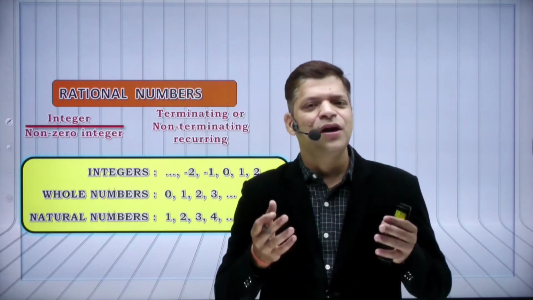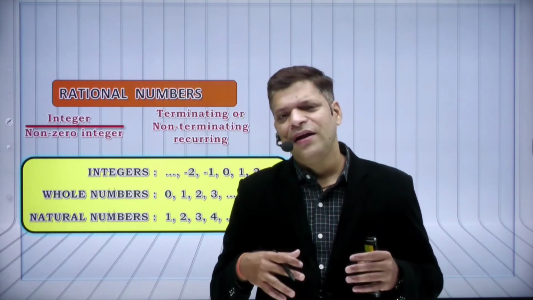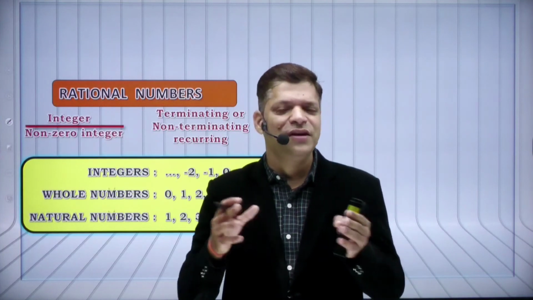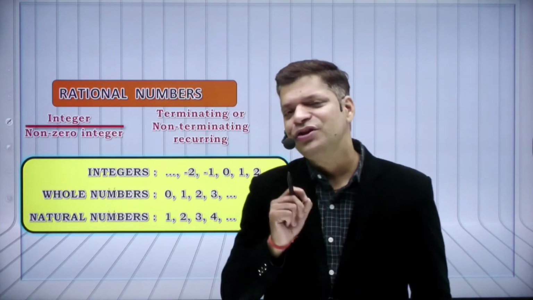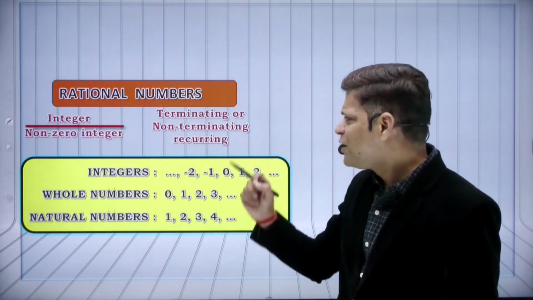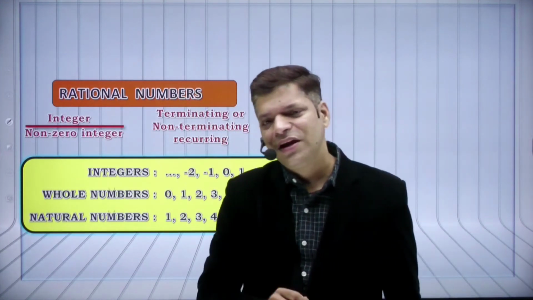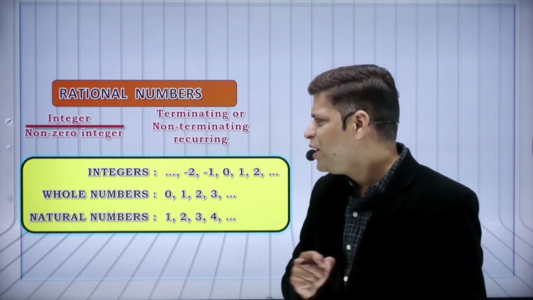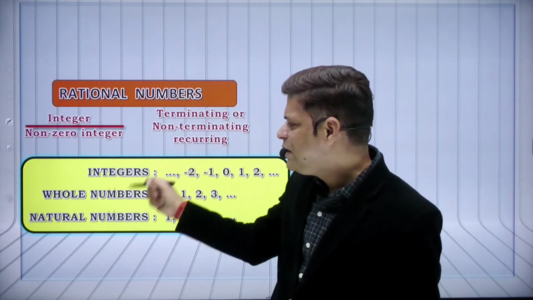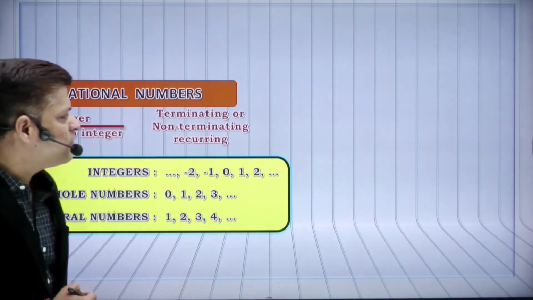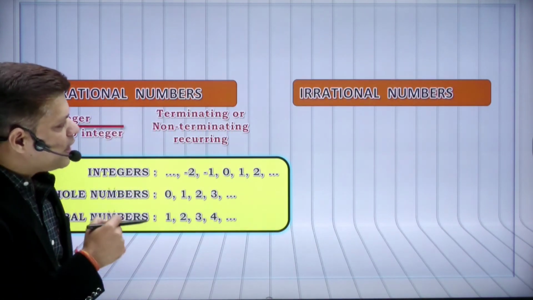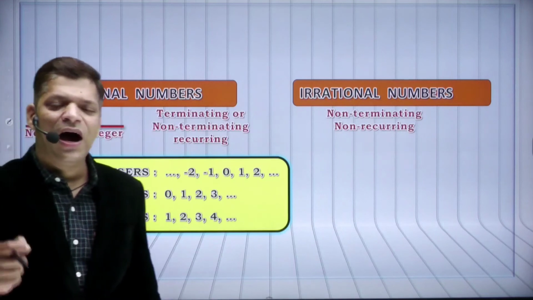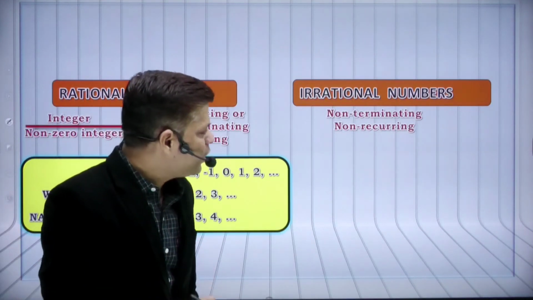When we find its decimal form, rational numbers are those numbers which are terminating or non-terminating recurring. These rational numbers include integers, whole numbers and natural numbers. But some numbers are called irrational numbers, which are non-terminating and non-recurring.